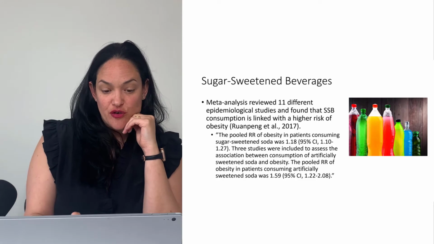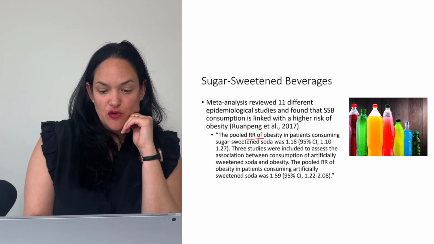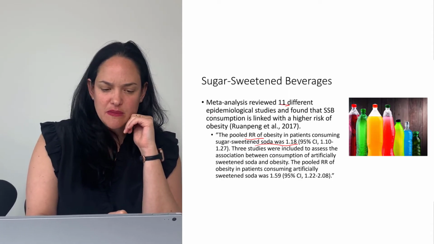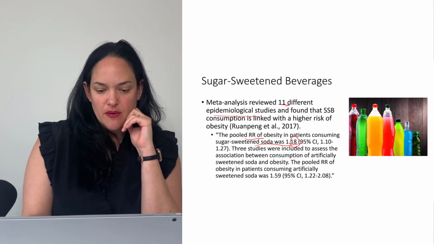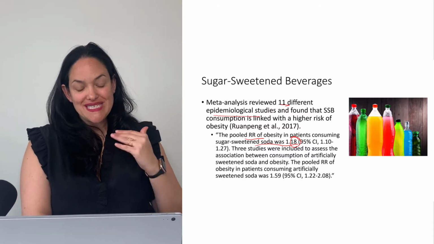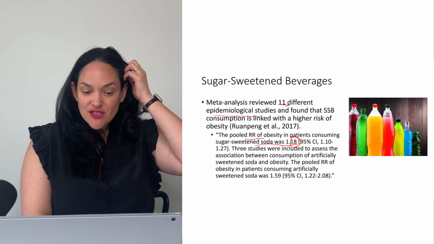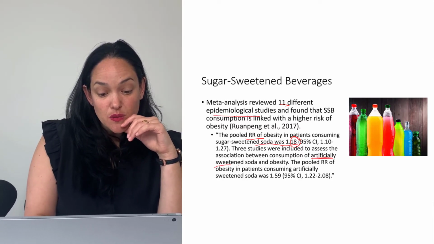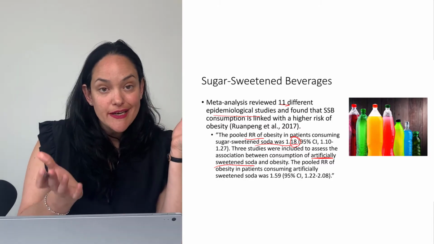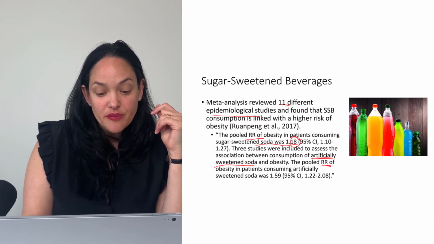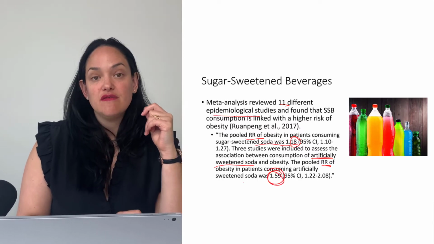Okay, so for instance, the pooled relative risk of obesity in patients consuming sugar-sweetened beverages in this meta-analysis of epidemiological studies was about 20% higher than in people that didn't consume those. And what's interesting is that even with artificially sweetened beverages, like Diet Coke, for instance, the pooled relative risk of obesity was actually even higher.